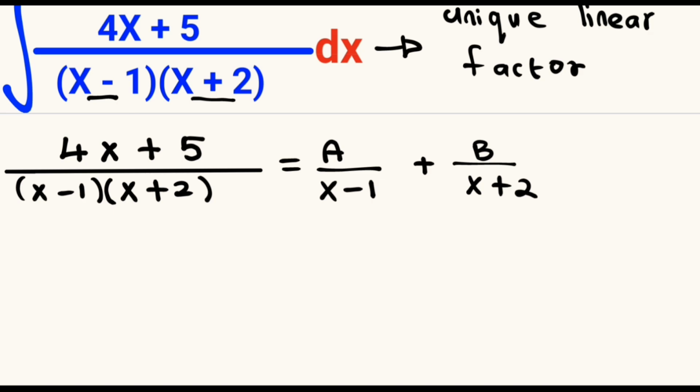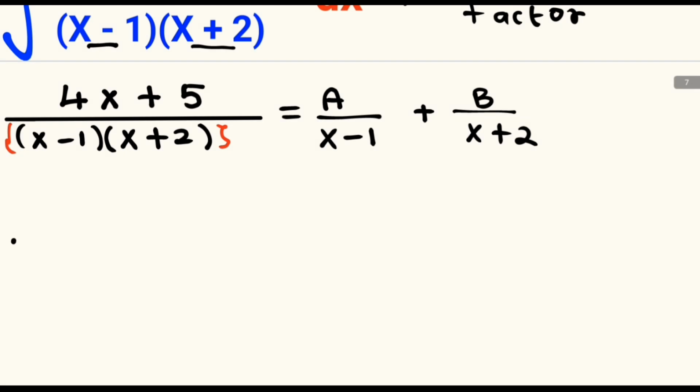We start by multiplying the whole equation by the denominator on the left, the x minus 1 multiplied by the x plus 2. So we have 4x plus 5, which we multiply by the denominator on the left, the x minus 1 multiplied by the x plus 2.